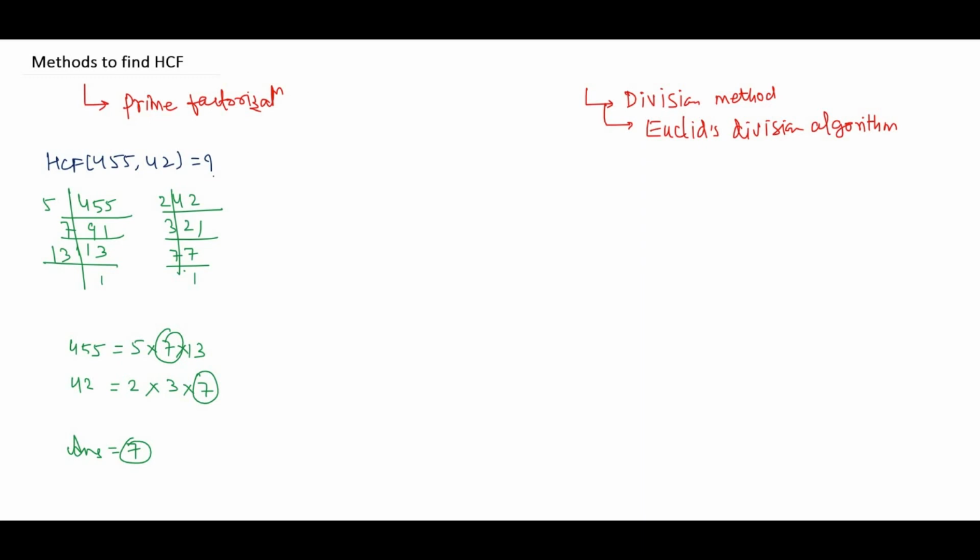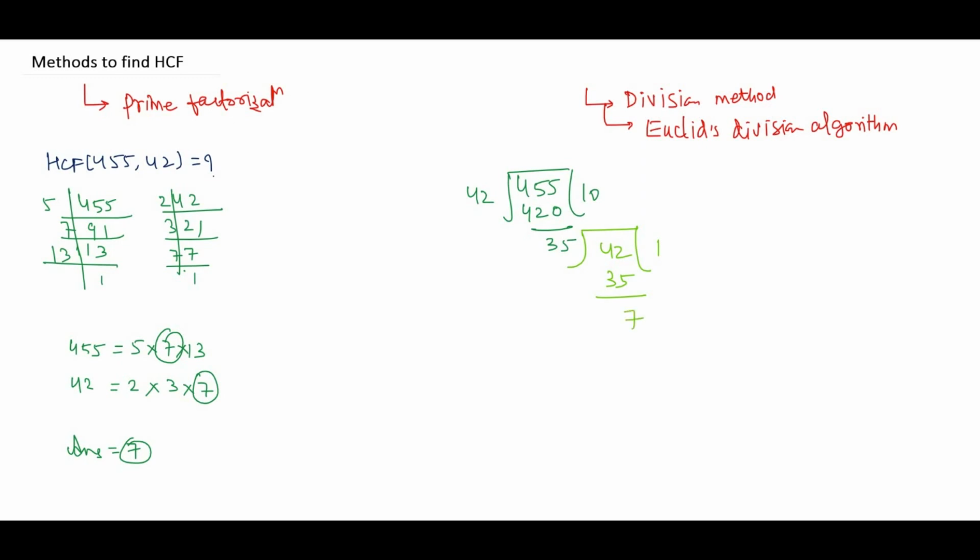Now what is the division method? So 455, if we divide it by 42, we'll get 10, 420, remainder is 35. Now again divide 42, the divisor of the previous case, by the remainder 35, so we'll get 1, 35, the remainder is now 7.